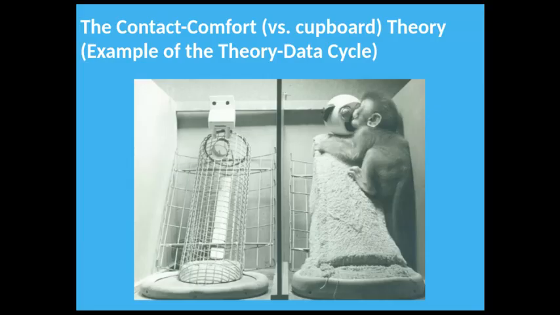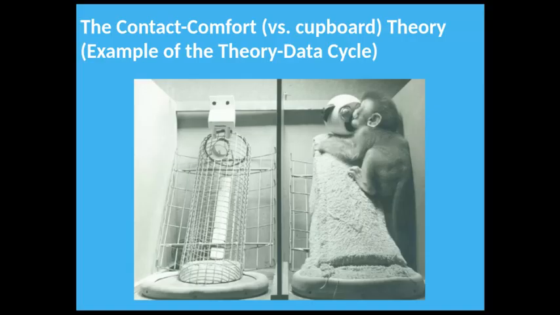On the left is the wire monkey, does not look warm and comfy, but does have that thing you need to survive, food, the milk. So it's basically a robot milk dispenser. On the right is more of a mama figure, which is warm, soft, furry, and would be there if the baby needed love and protection and warmth and safety.